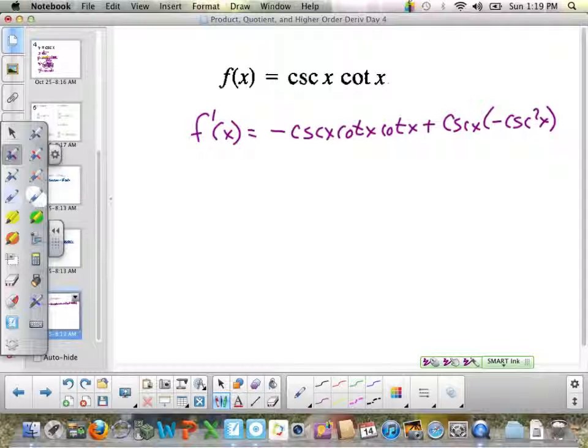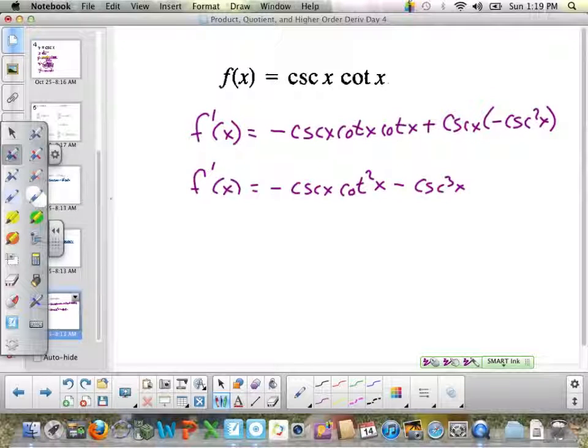If we wanted to clean that up, we could. I'll clean it up just a little bit. So we got two negatives there. Not necessary to factor it out. So we got negative cosecant x cotangent squared x minus cosecant cubed of x.